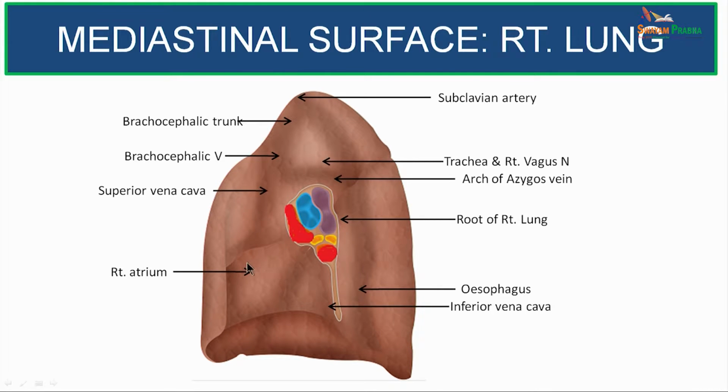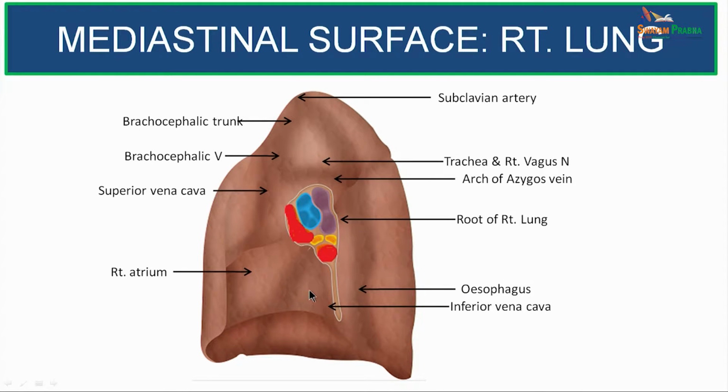Just anterior to the hilum of the lung is the region of the cardiac impression, and on the right lung we have the impressions formed by the anterior surface of the right auricle, the anterior and right border of the right atrium, and the anterior part of the right ventricle.